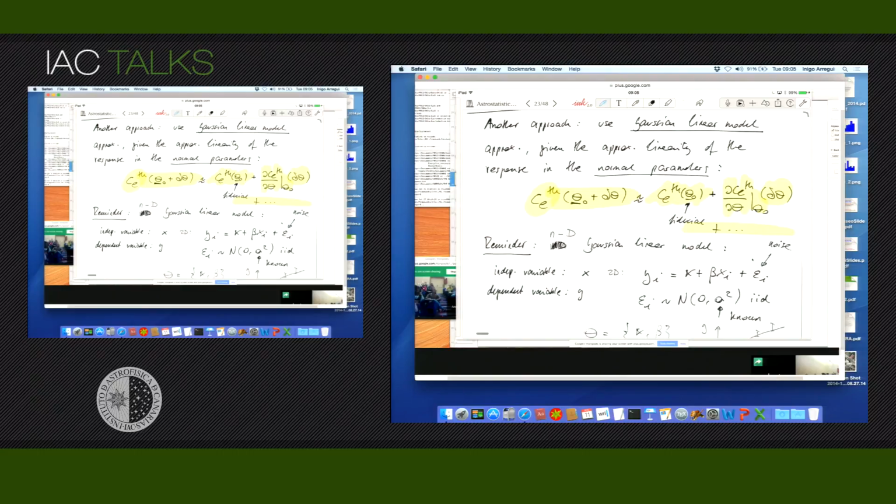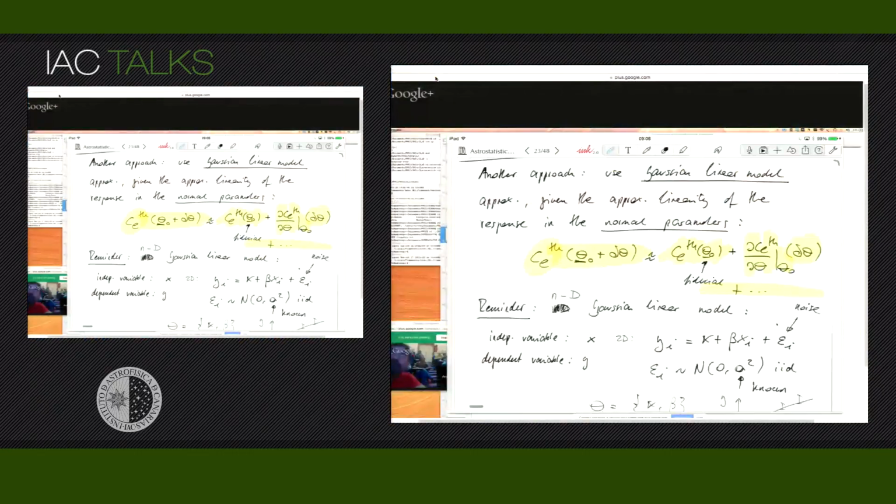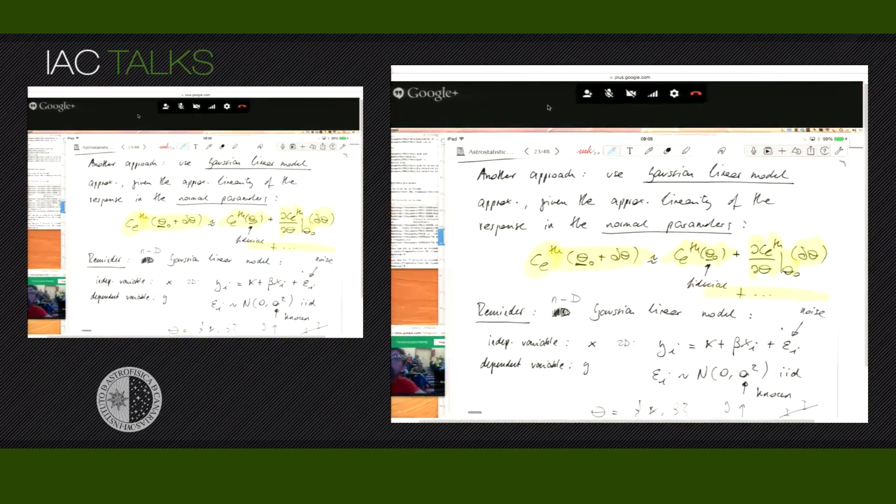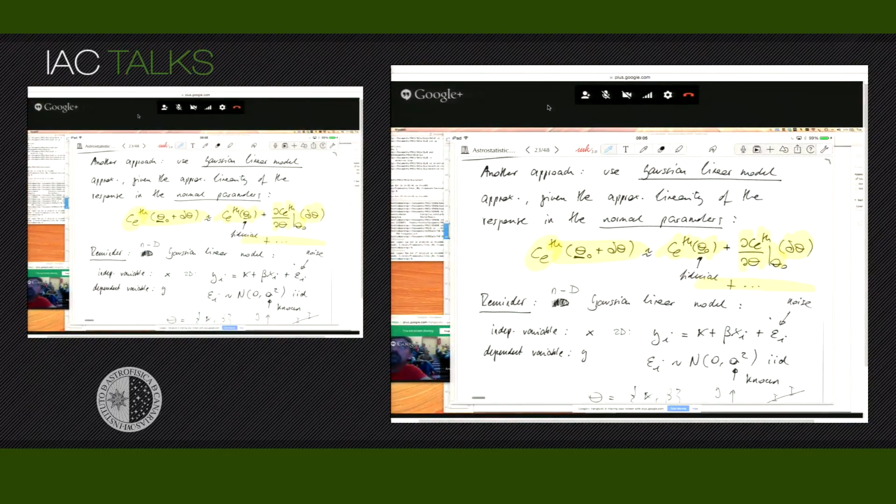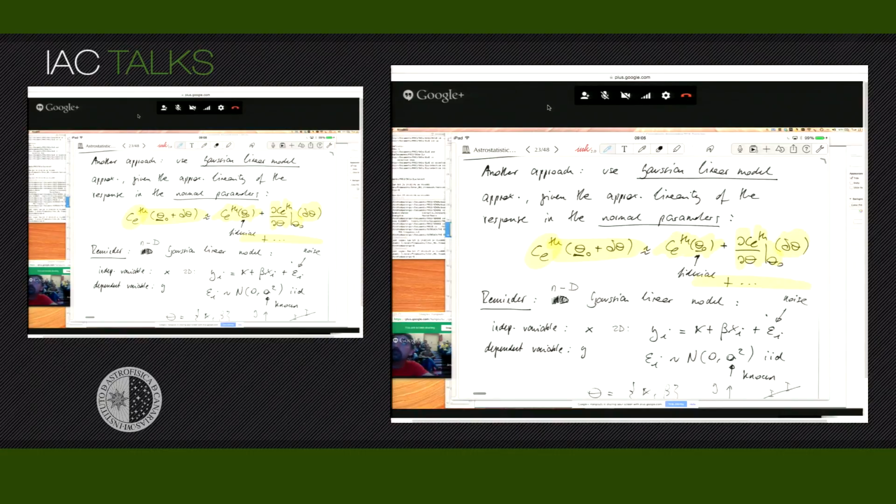Essentially, think of this as a Taylor expansion of the response of the power spectrum to a change in cosmological parameters. That in turn means that we can look at this problem from the point of view of a Gaussian linear model, which is nice because we can understand it from an analytical point of view.